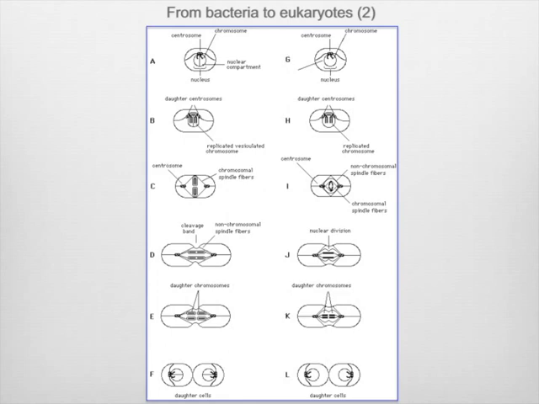If you look at B, it shows them getting ready to divide. And in C, they line up and start to divide, but the chromosomes are separated from each other. They're in their own little vesicles, and they separate, not independent, but they're not connected to each other in any way.